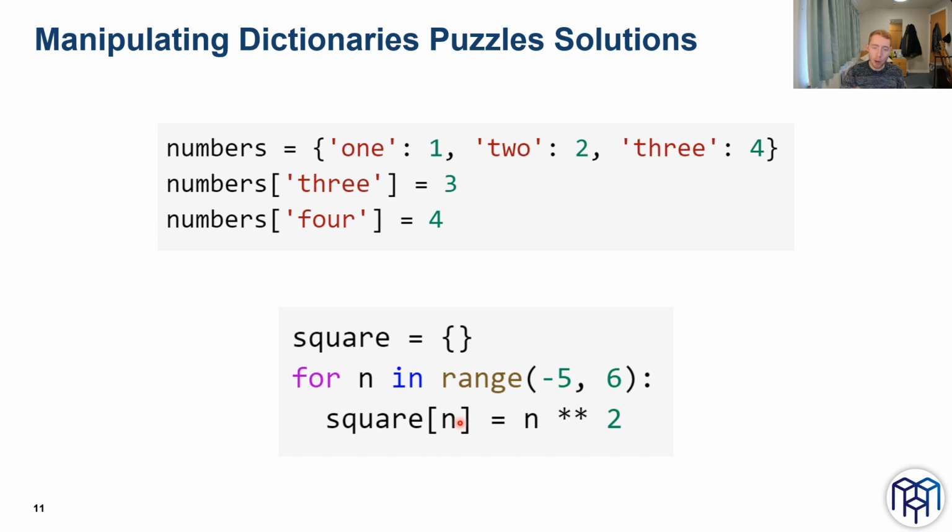Now, where it would really matter that we use a dictionary is if we were doing all these squarings, but sparsely. So here we have the squares -5 all the way up to 5, and we have every single one. But imagine if instead we had the squares somewhere between -1,000 and 1,000, and had some kind of randomly numbered ones.